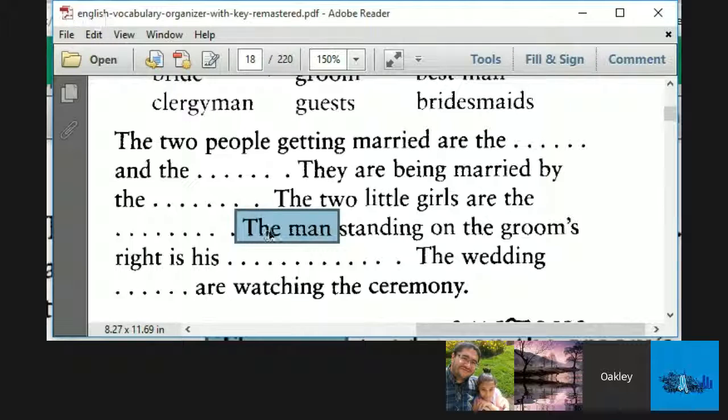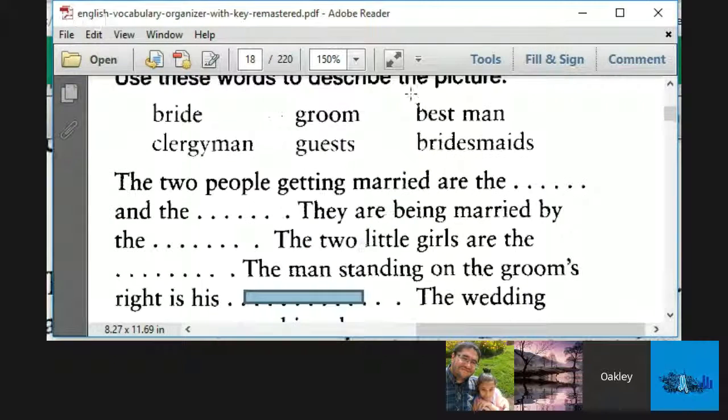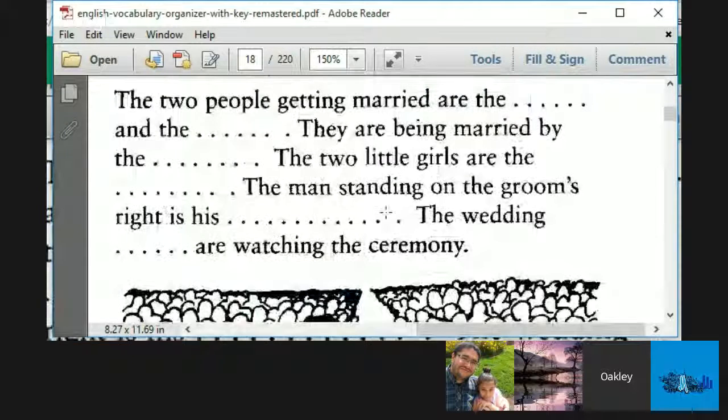Okay, anyway, Sam, from here. The man standing on the groom's right is his best man? Yeah, best man. That's it. Okay, who we have discussed. Okay, and then finally, Victor, of course.